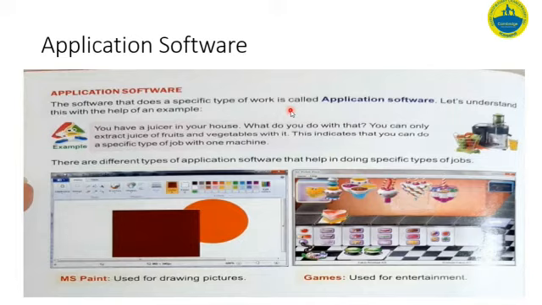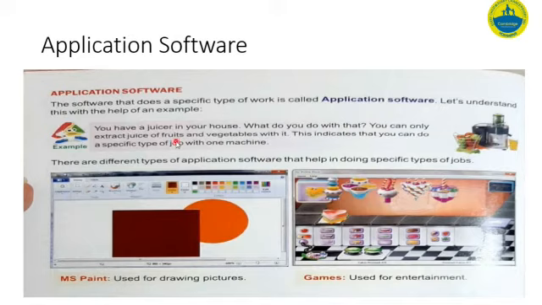Calculator: which specific work does it do? It is used for calculation. So those software which do a specific type of work, which we create to fulfill a specific need, are called application software.